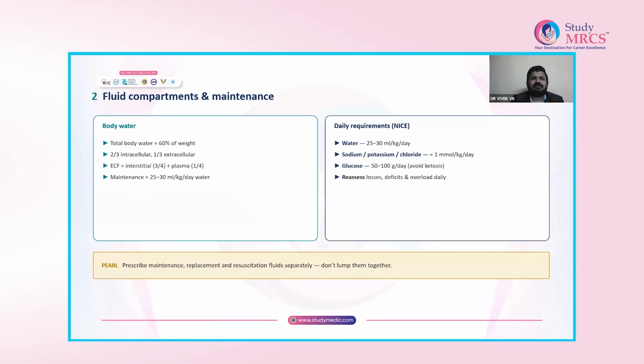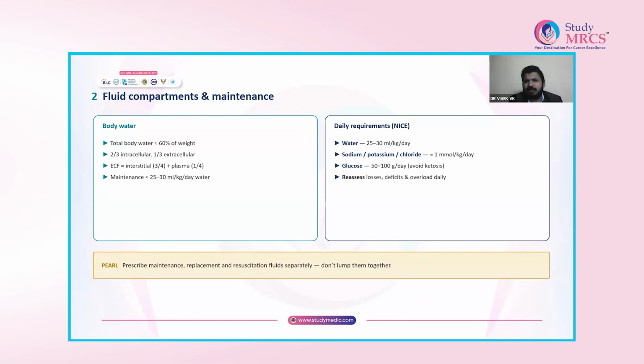About three quarters constitute the interstitial compartment, and around one quarter constitutes the plasma. The maintenance fluid required is 25 to 30 ml per kg per day. That is the daily requirement according to the NICE guidelines.